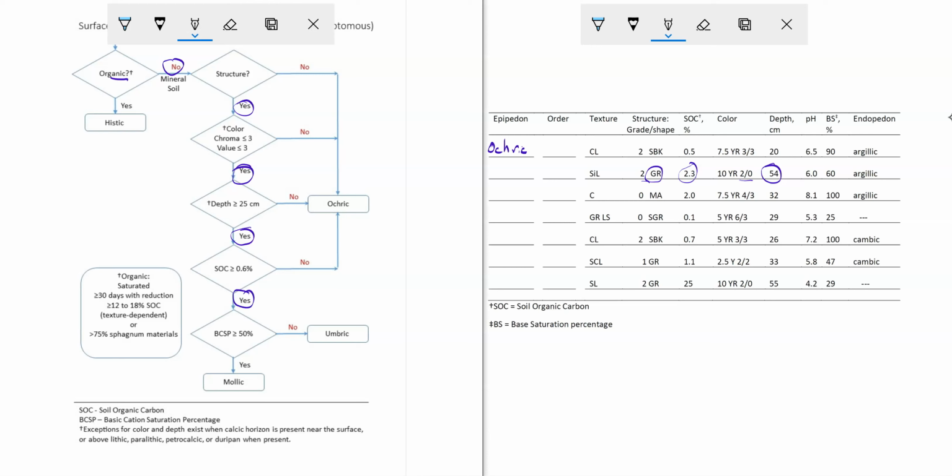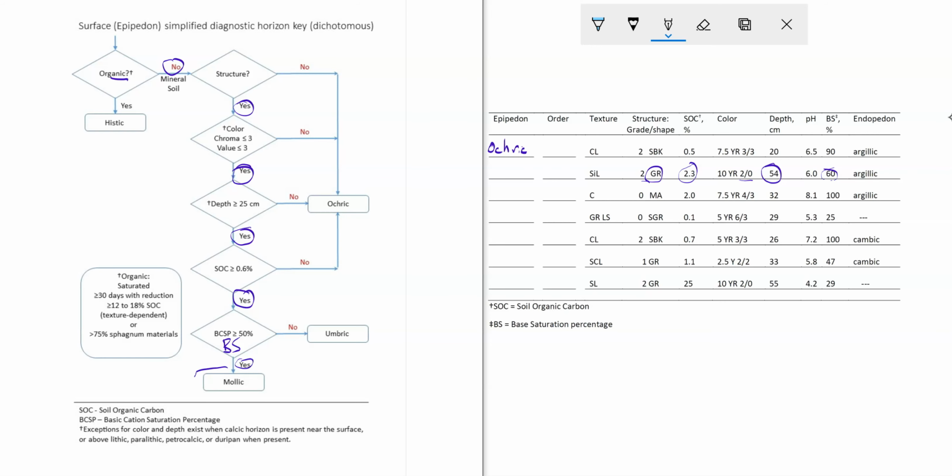The next one is the basic cation saturation percentage, also known as the BS. Is the BS greater than 50? And it says here our base saturation is 60. So the answer to that is yes.